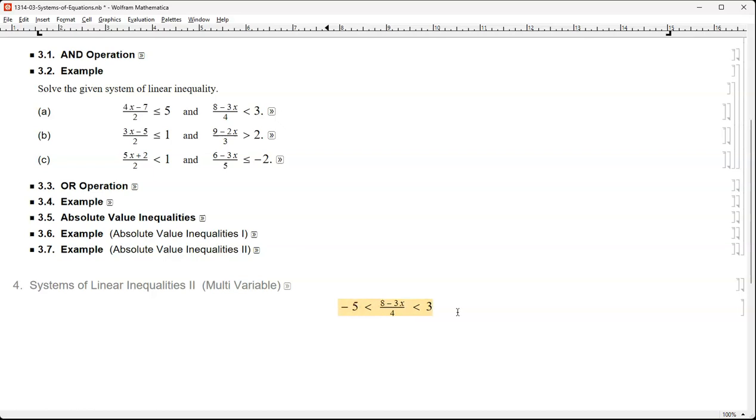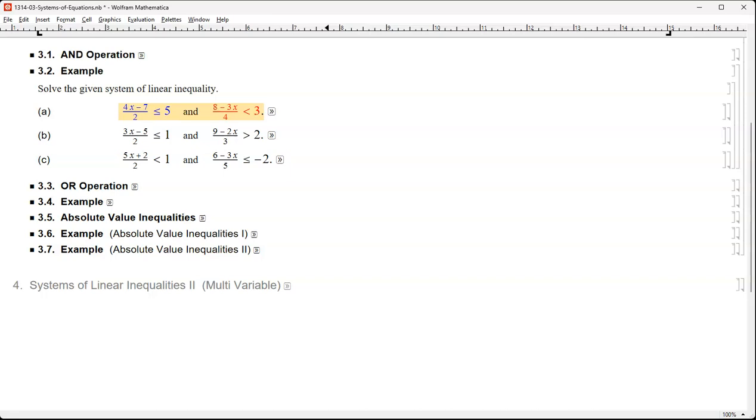Kind of like this. Remember this? Double inequality problem. Here, it's a little bit more general. One inequality with one expression and another inequality with a different expression.